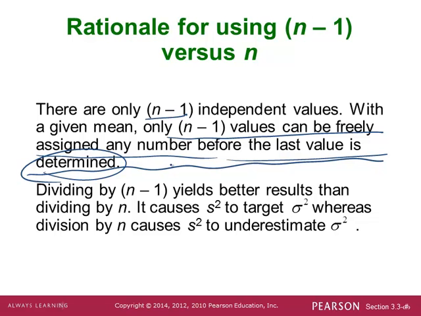And that's the reason that dividing by n-1 makes S an unbiased estimator. Well, S is the sample standard deviation. We're using S to estimate sigma, the population standard deviation.